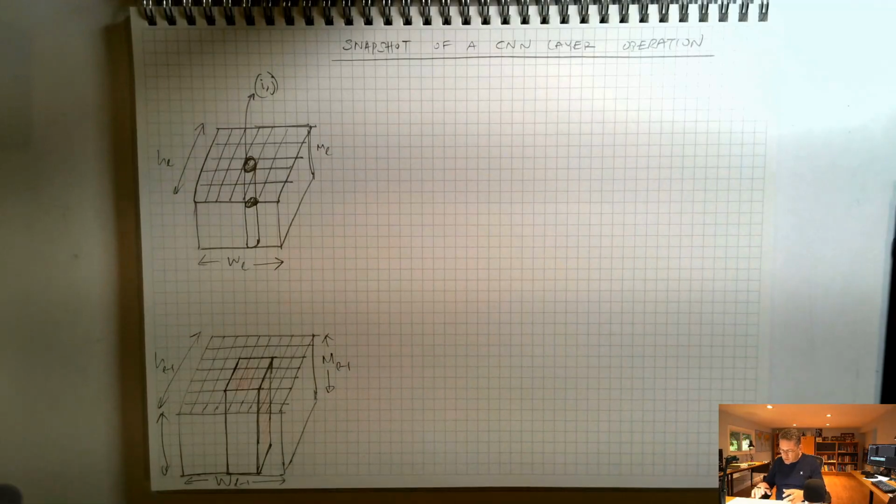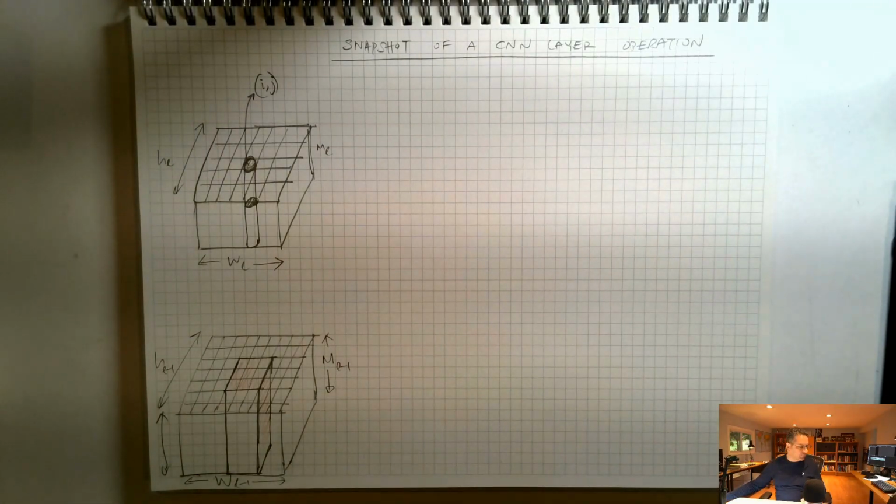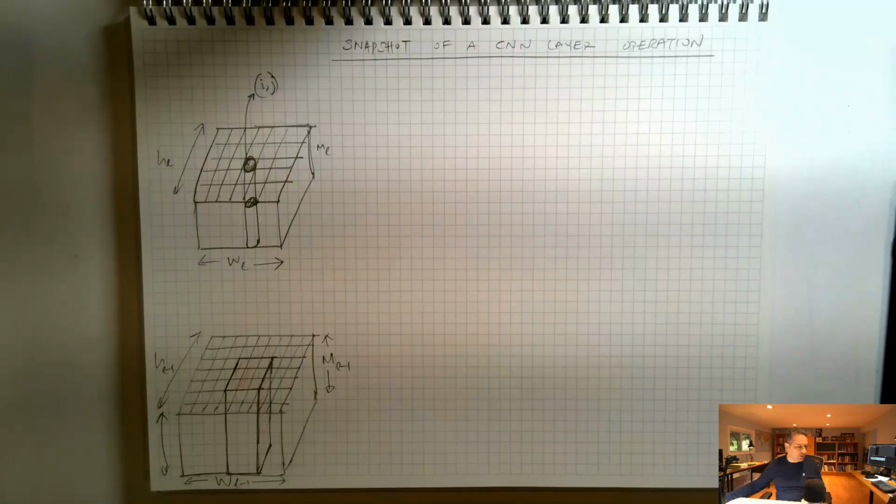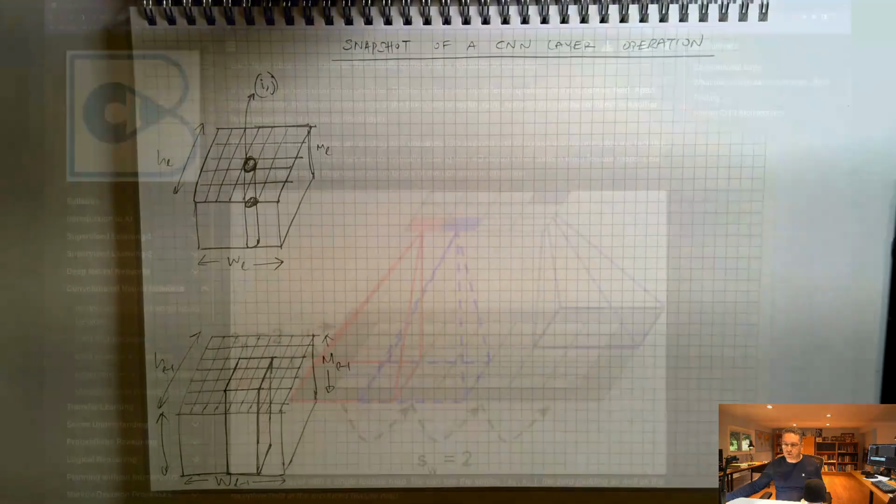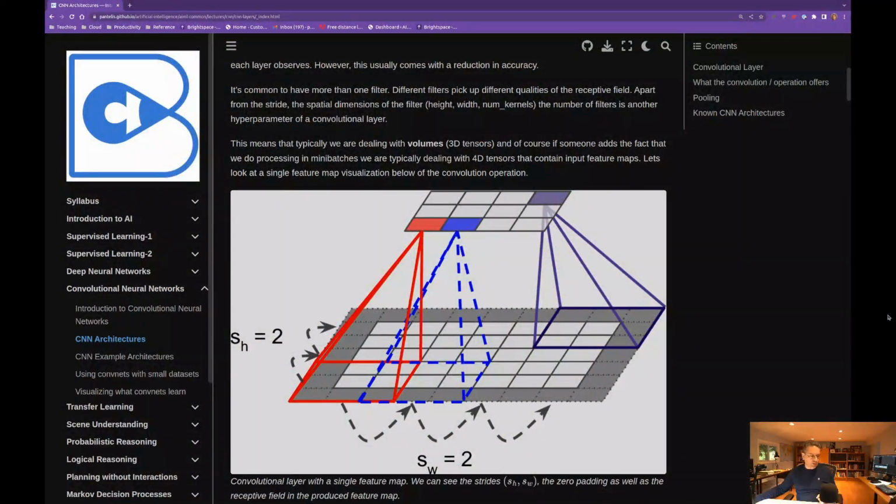So spatially wise, and I hope you remember what we have seen earlier in the example CNN architecture diagram, let me just show you that diagram again.